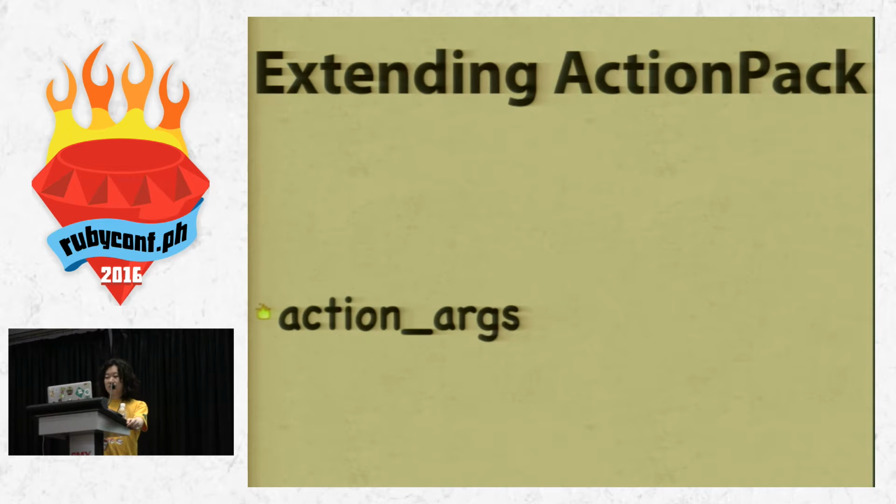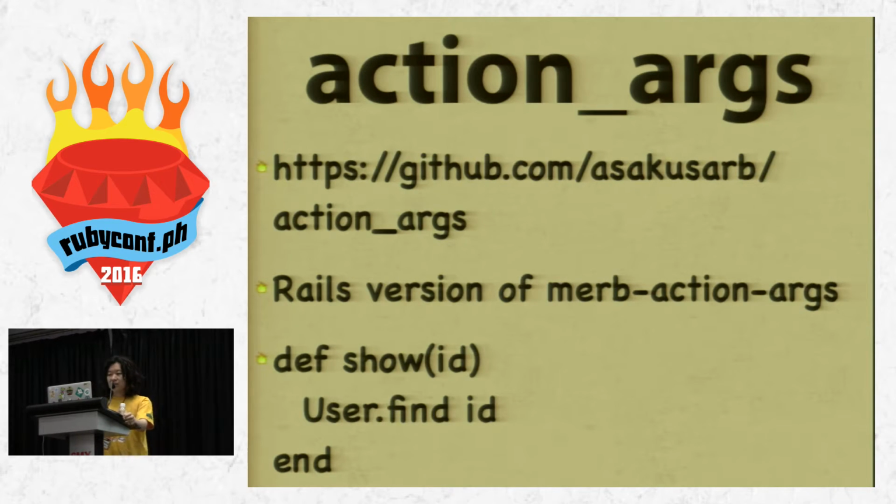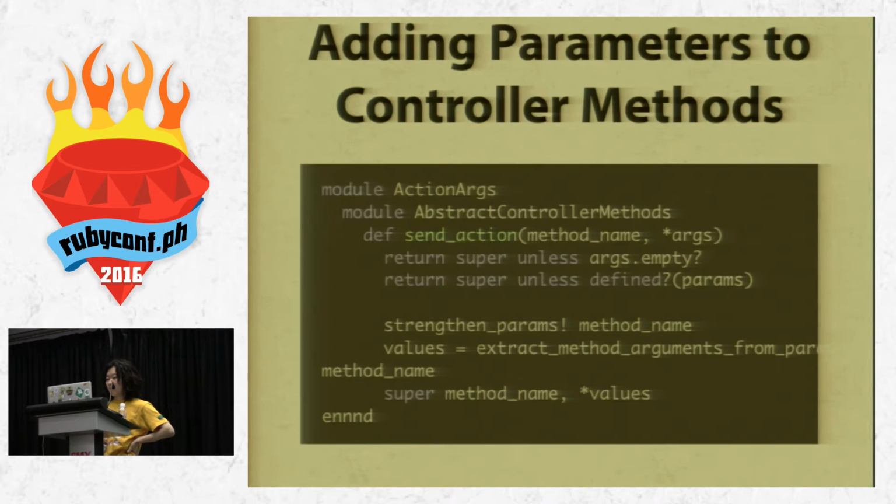The next example is how we extend Action Pack. I brought the action_rx gem as an example. You can find the action_rx code here in the amatsuda organization. This is, in short, the Rails version of Ruby's pattern matching. You can write Rails actions like this without using params, the magical params keyword. So this is what's happening inside the plugin.